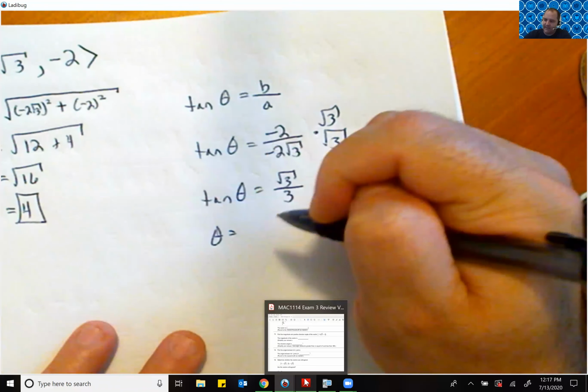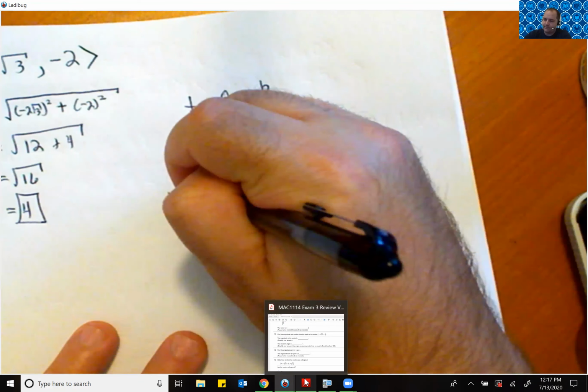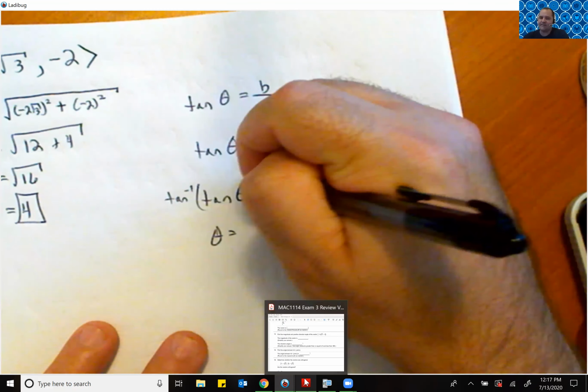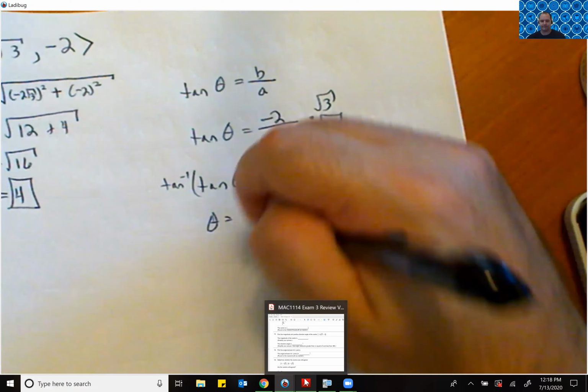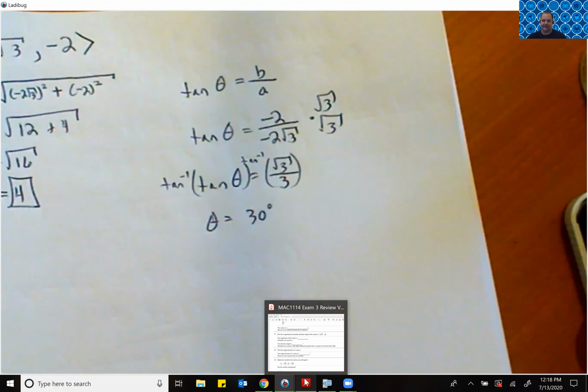Because again, you're going to be taking the inverse here, and you can look this up. Tangent is the square root of 3 over 3 at 30 degrees, and it is the square root of 3 over 3 at 210 degrees.